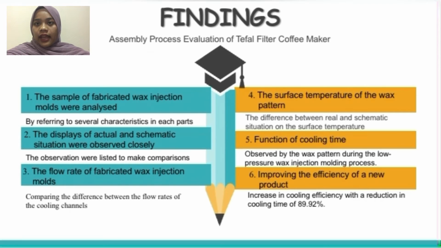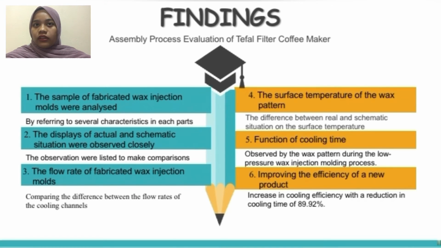The surface temperature of the wax pattern as a function of the cooling time for the cavity insert for all samples. The sample of manufactured wax injection mold with series conformal cooling channel C is the best sample with high cooling efficiency. It has the shortest time to reach the injection temperature.